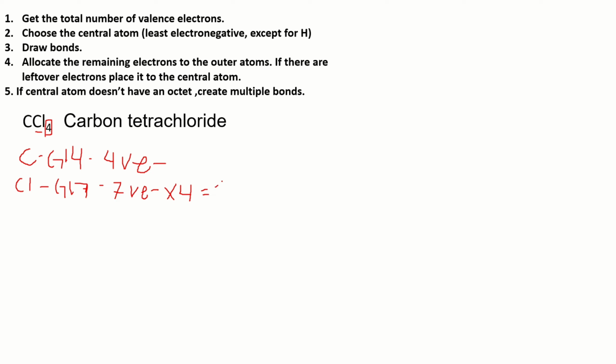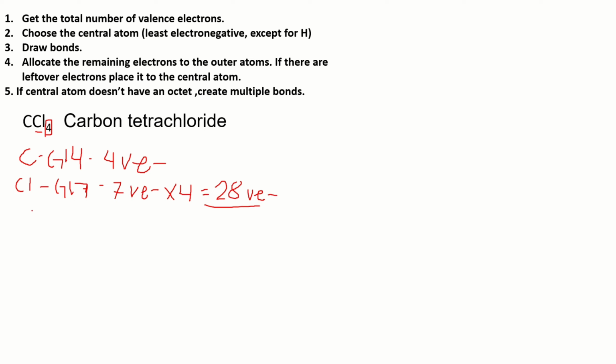So, we have the total of 28 valence electrons for chlorine.